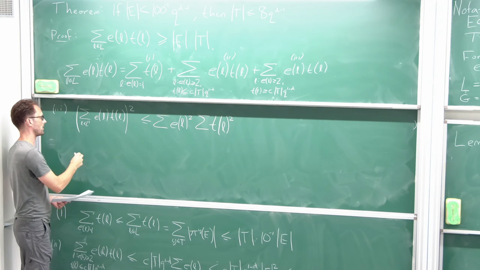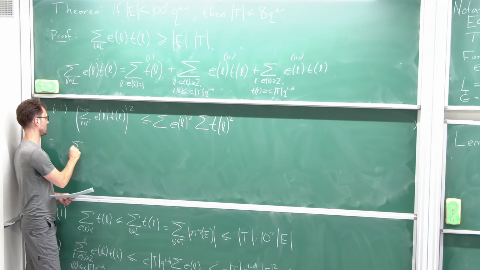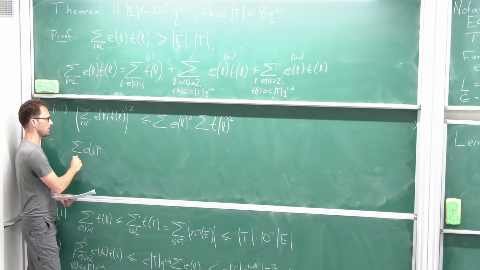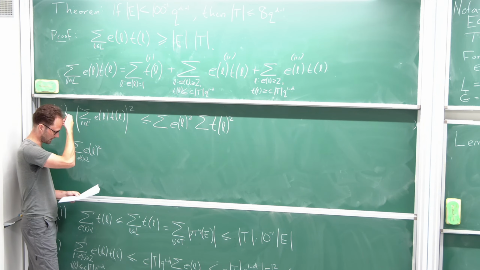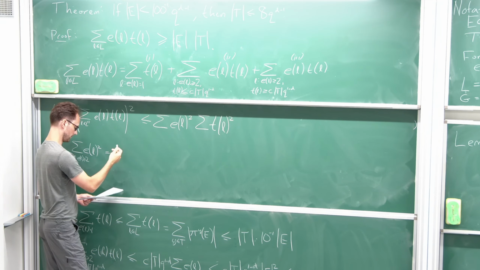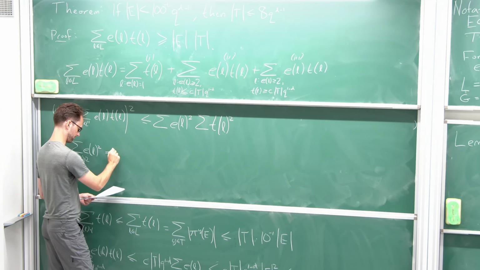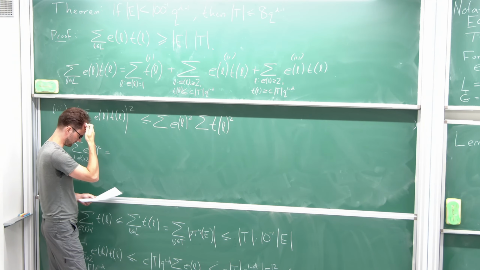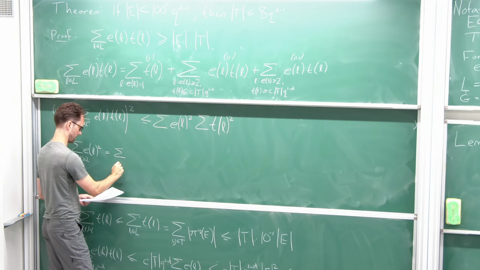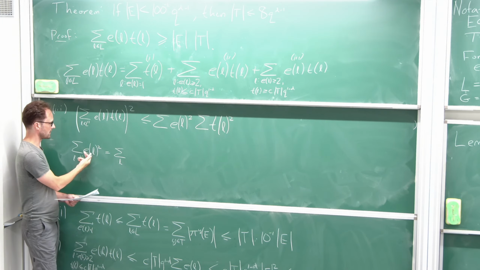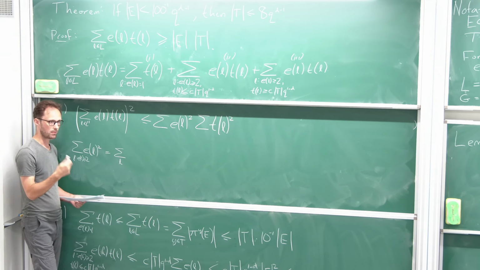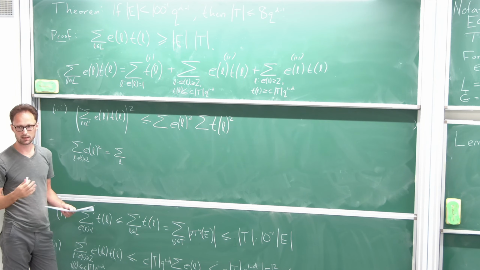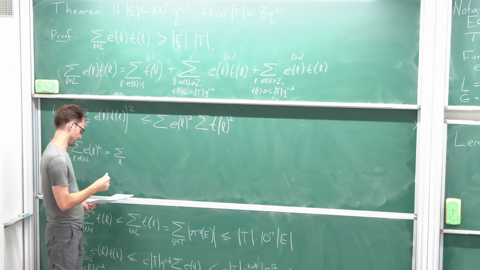So now we bound each one individually. The easier one is, or we use a more trivial bound for the E of L. So these are lines that contain at least 2 points of E. So we think about this as counting pairs of points, not necessarily distinct and with the order.